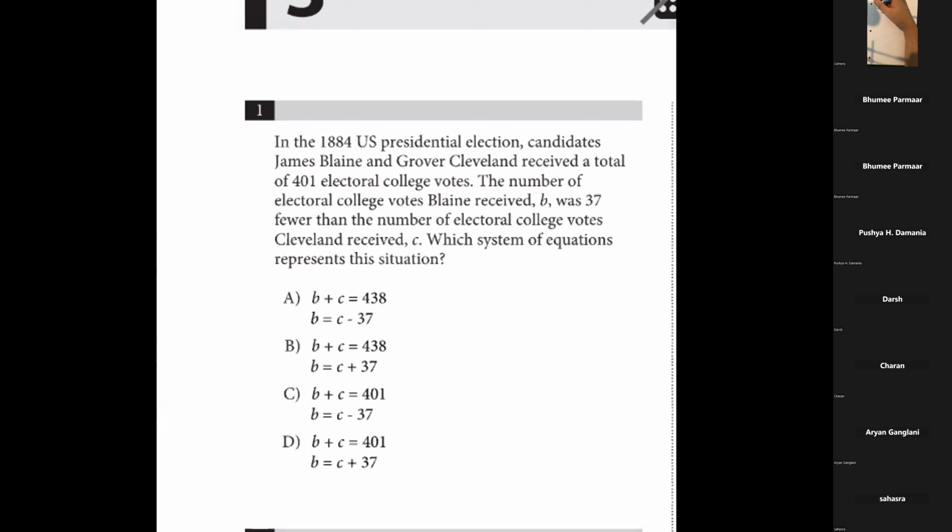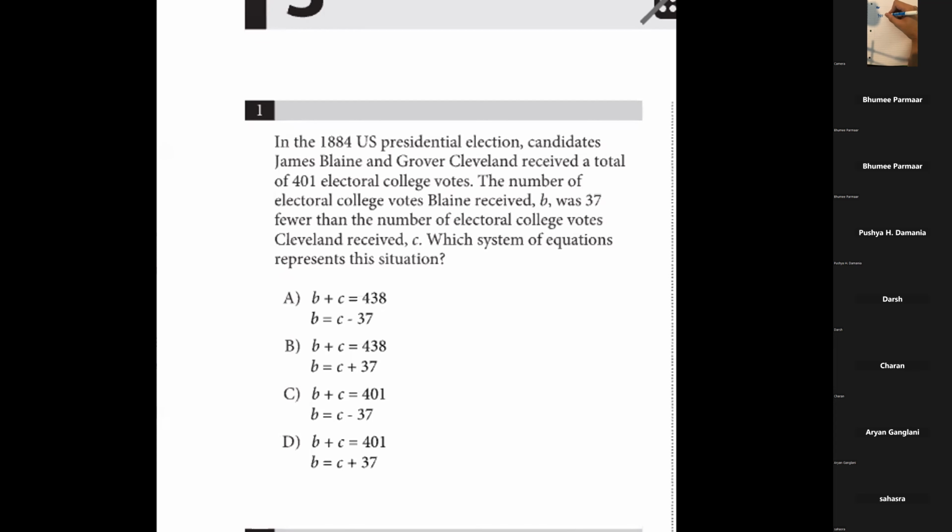The important parts are the 401 electoral college votes for candidates James Blaine and Grover Cleveland.